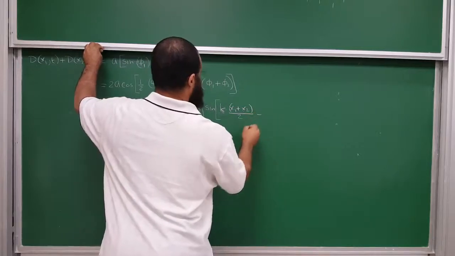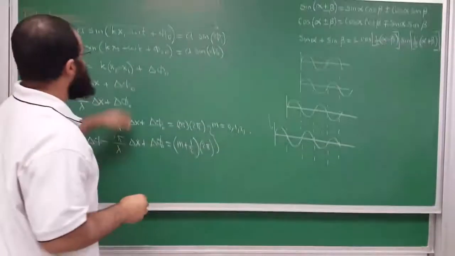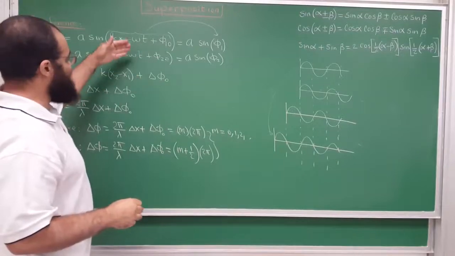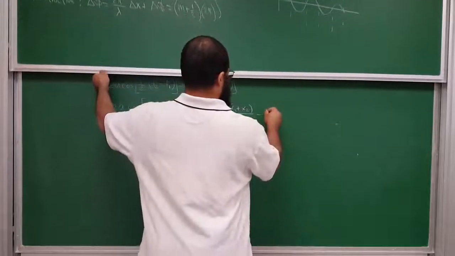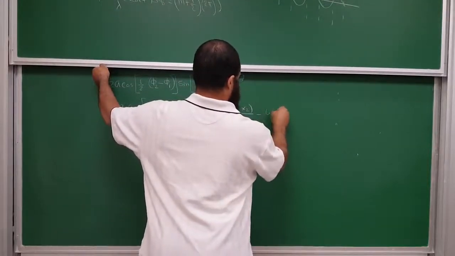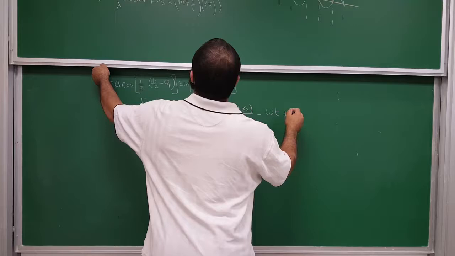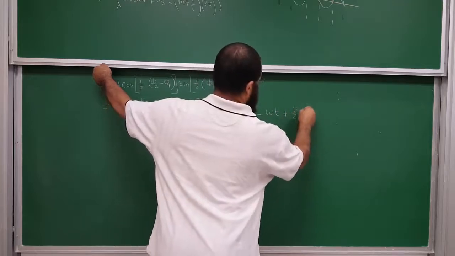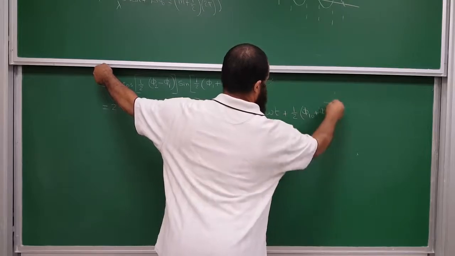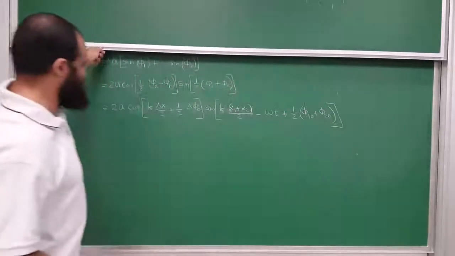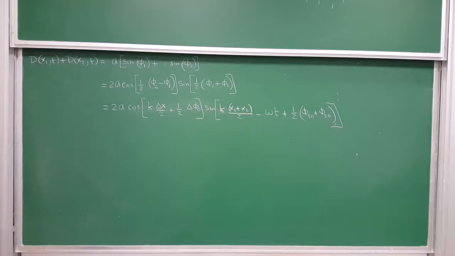And then minus omega t minus omega t, that's negative 2 omega t, but there is a half, so that's negative just omega t. And then plus the average of the phases, 1/2 of phi 1,0 plus phi 2,0, like so. Okay? And I'm going to call what's in front of it simply the amplitude.